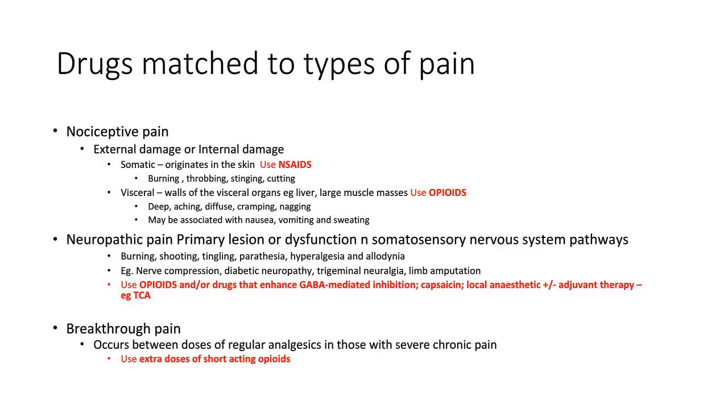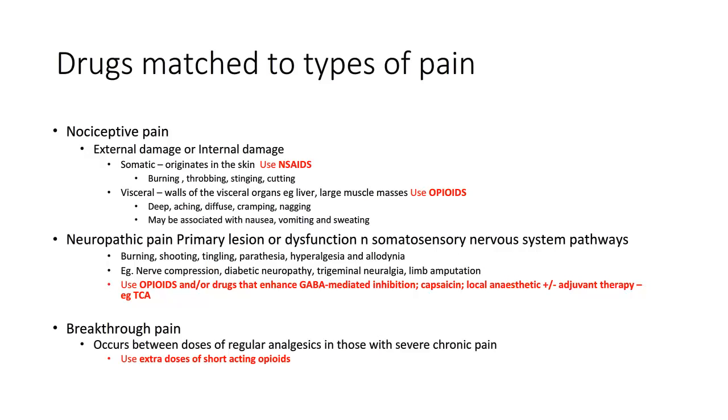With the neuropathic pain, where it's an actual nerve lesion or nerve injury, we tend to use the opioids, but more recently the people who prescribe drugs have been prescribing the GABA-mediated drugs.